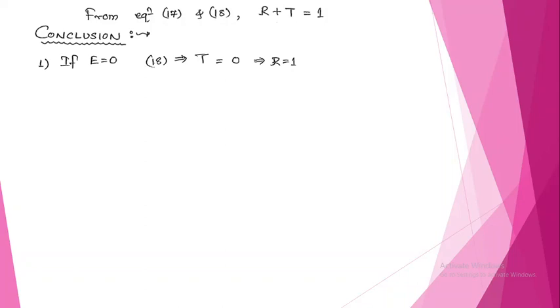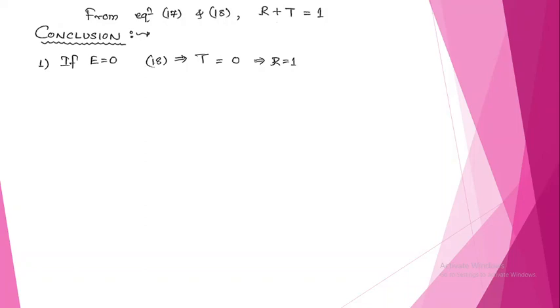In the denominator we have 1 plus V naught square sinh square beta L divided by 4E into (V naught minus E). If you put E equals 0, we get 1 divided by 1 plus infinity, and in that case it will be 1 by infinity, which is equal to 0. So when energy is equal to 0, T is equal to 0, that is, the transmission coefficient is equal to 0.